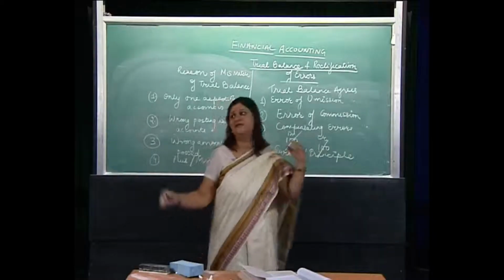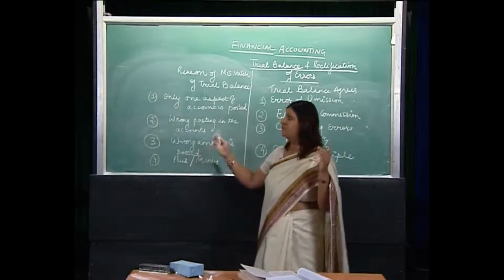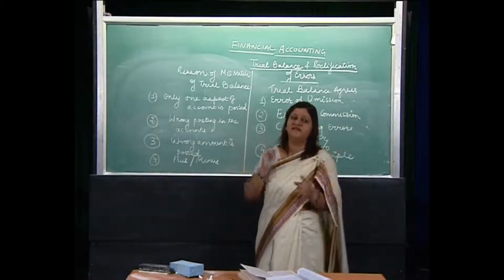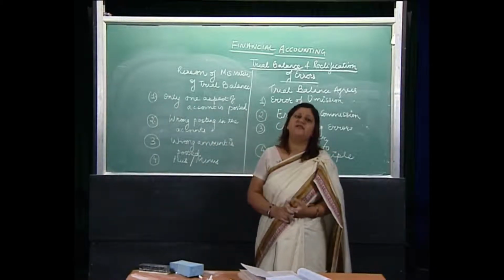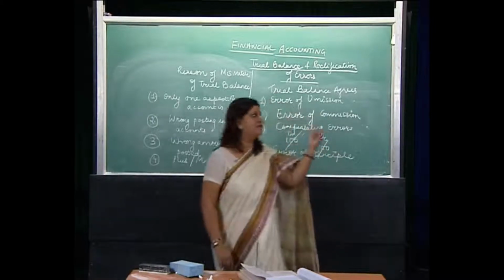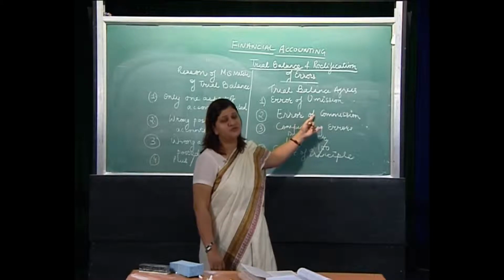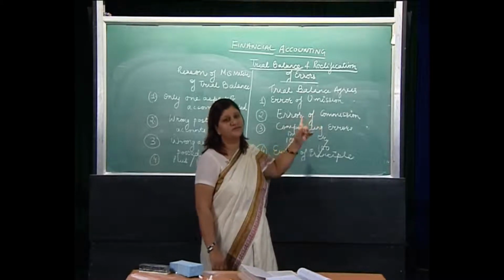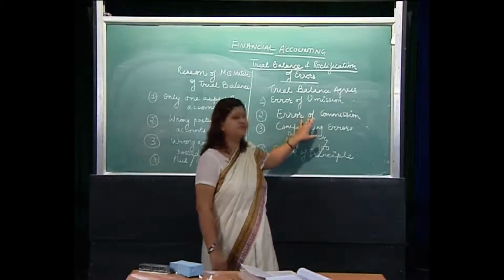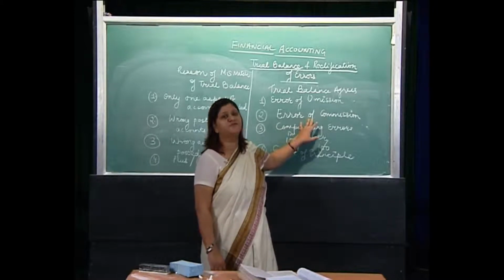On the other hand, there are certain errors which will tell us that there is a disagreement in the trial balance and we can rectify them. The method of rectifying these errors, that is error of omission, commission, compensatory errors and principal errors, is known as rectification of errors, and we have to post the entries to rectify them.